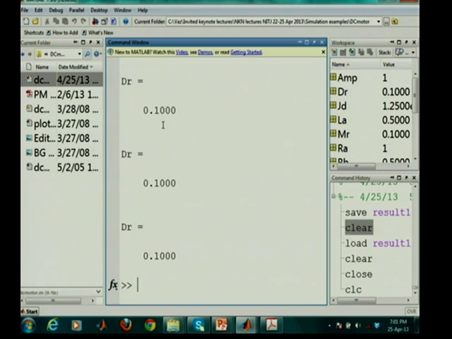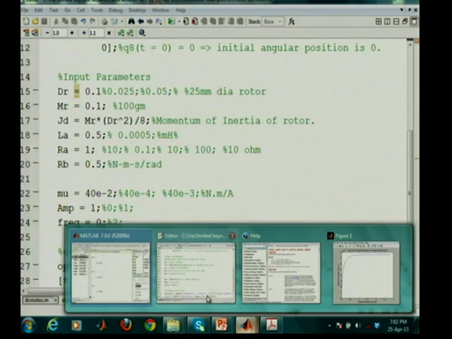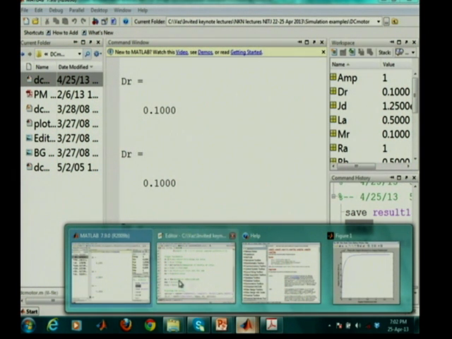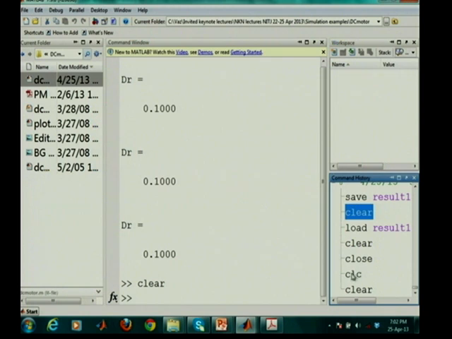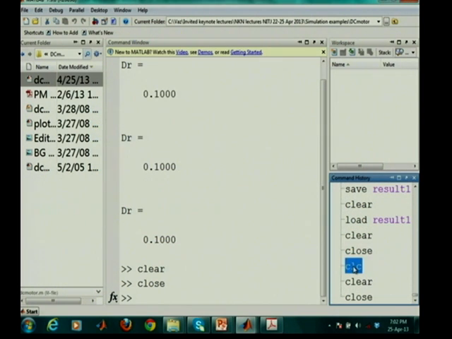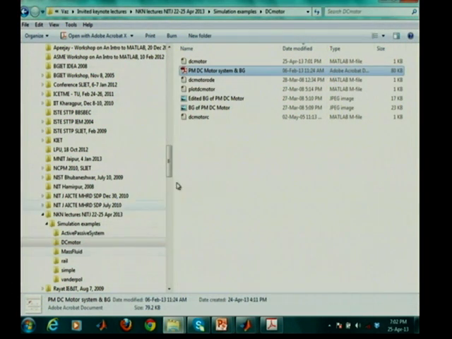Okay. The next, let us take another example. I'll close this part. Let us see another example.